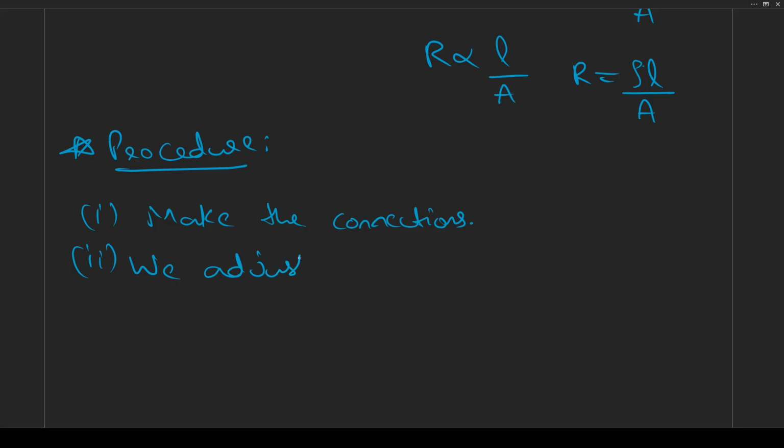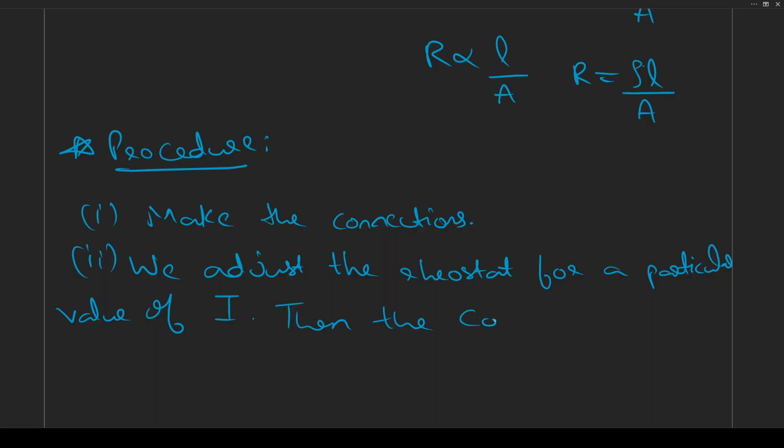Adjust the rheostat for a particular value of current. We turn on the battery, we close the plug key, and we adjust the rheostat for some current like 2 amperes.